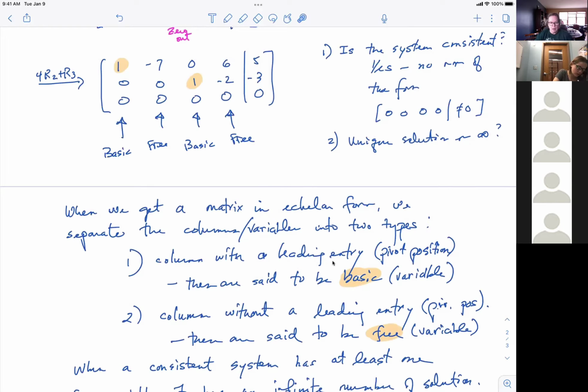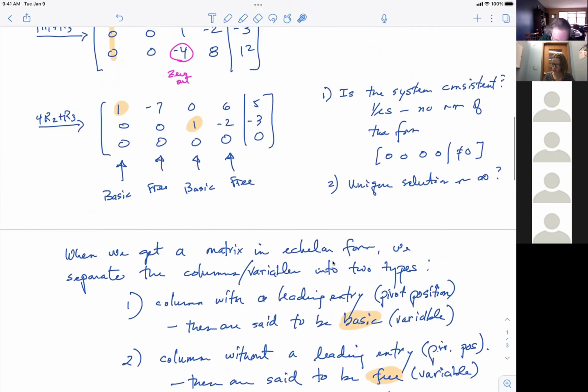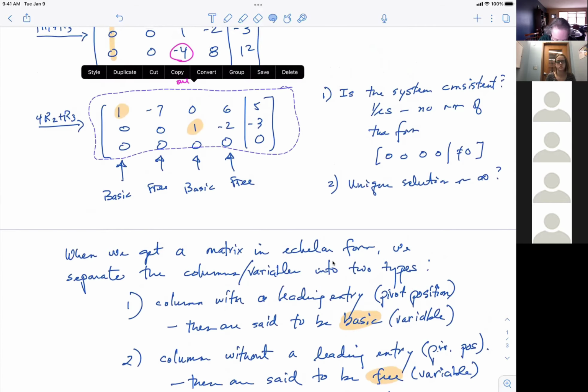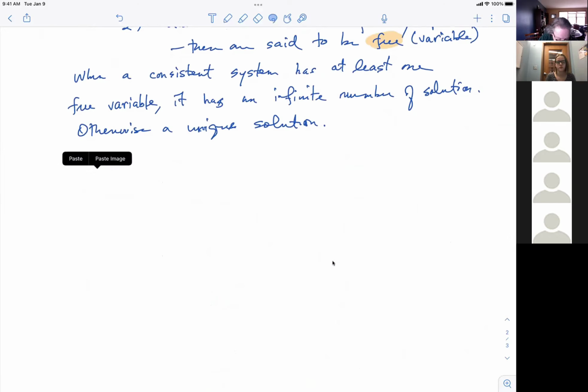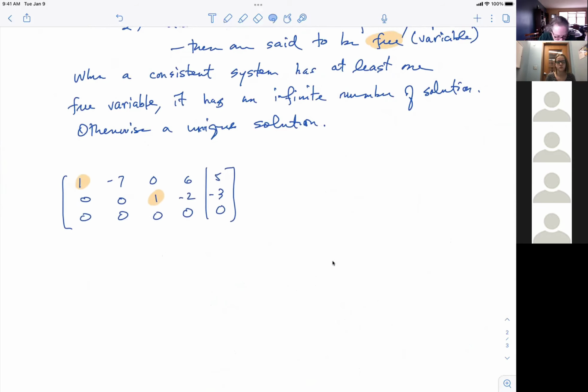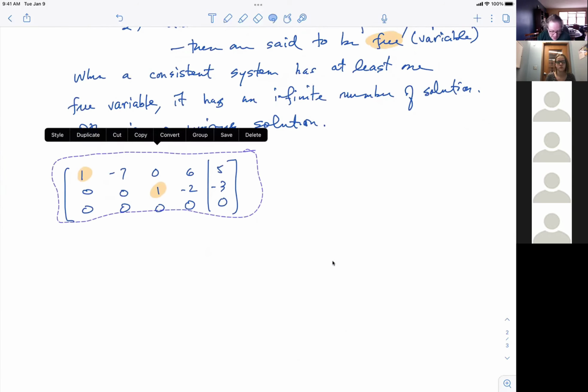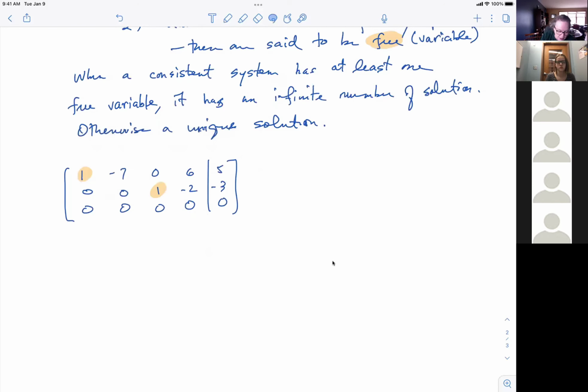So we're asked to write the general form of the solution. Let's talk about how to do that.